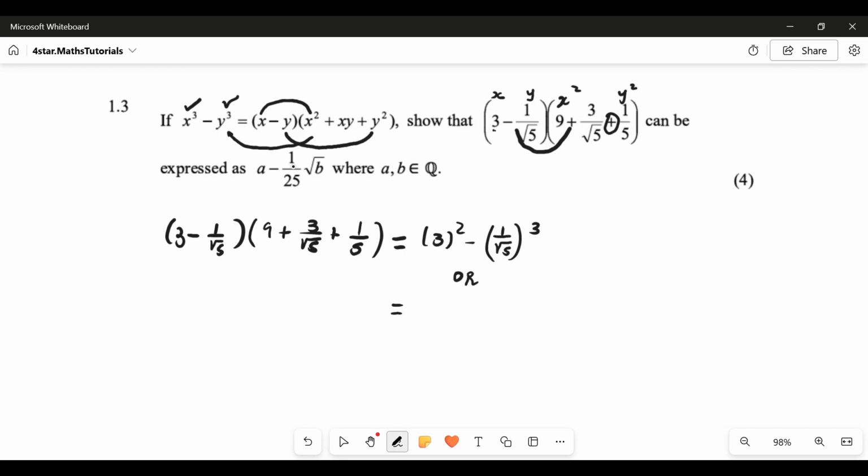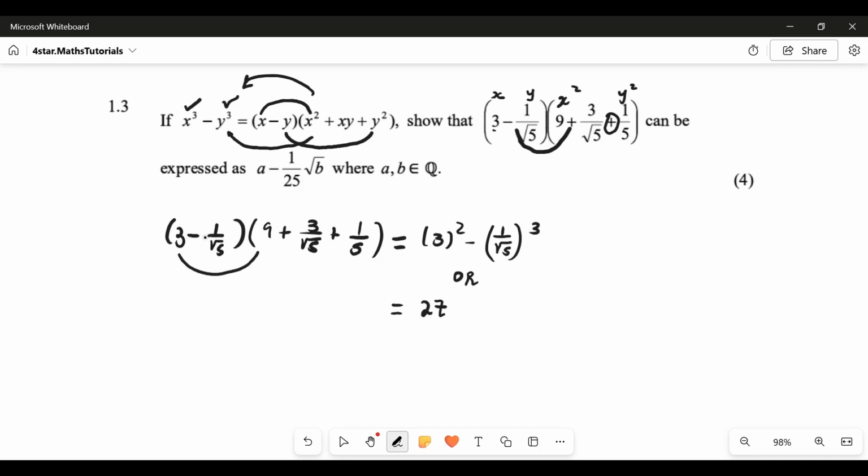Remember, to move from the right hand side to the left hand side, we multiply the first term in our first factor with the first term in our second factor. Here, if we multiply 3 with 9, we get 27. And the last term in our first factor with the last term in our second factor: y times y squared is y cubed.